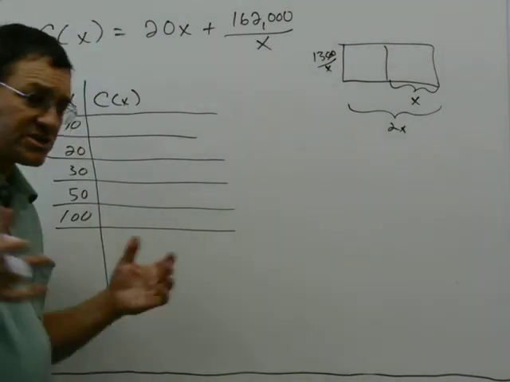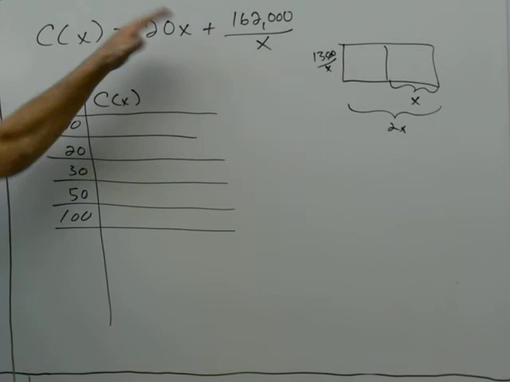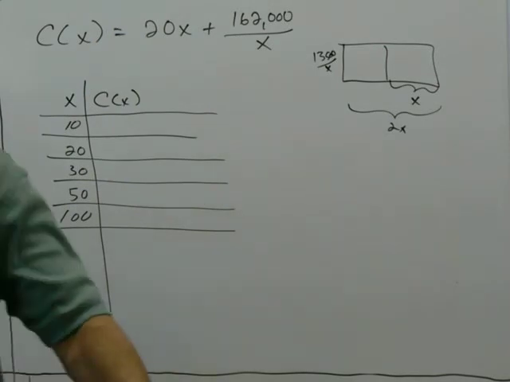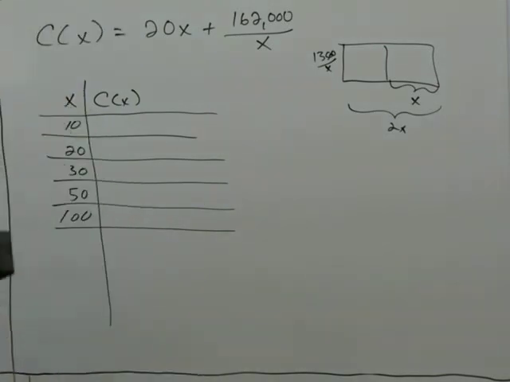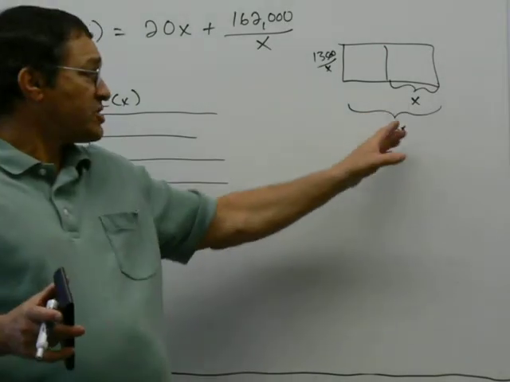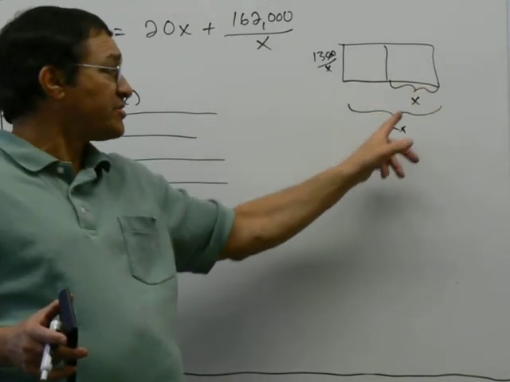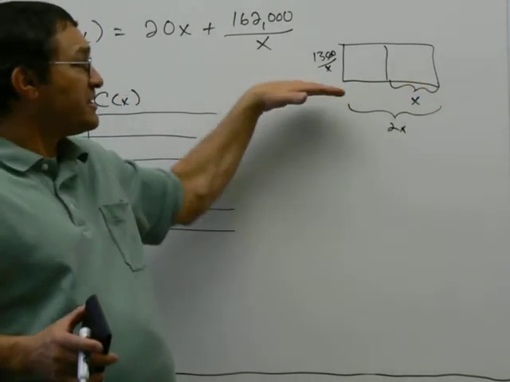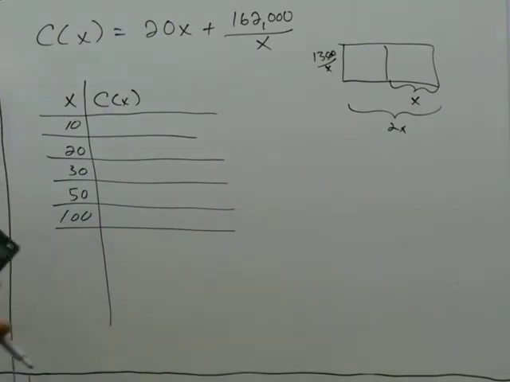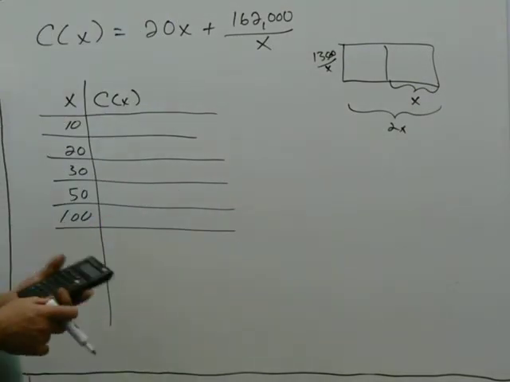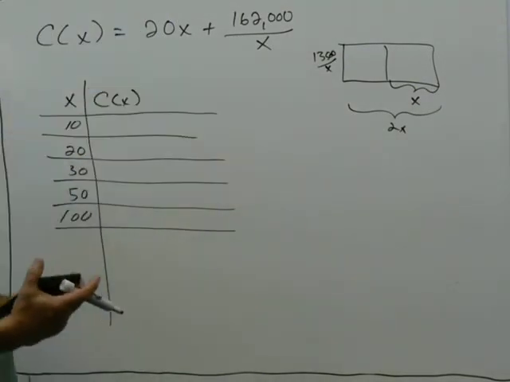Now, until I actually plug some numbers in and see what results I'm getting, I don't have a clue what this is going to be. One thing that might be interesting to do is when you pick a number x, just note what the dimensions of your property would be. x is this distance right here, 2x would be the whole length, and 13,500 over x would be the height or depth of it. I'm going to enter this function into my calculator.